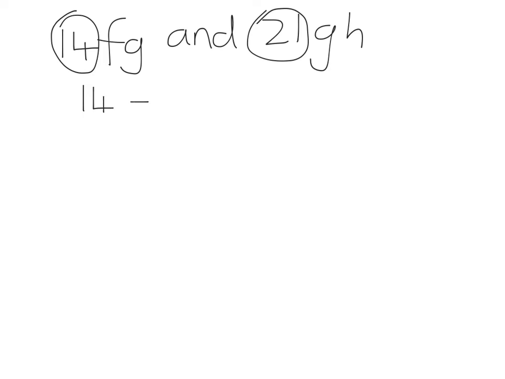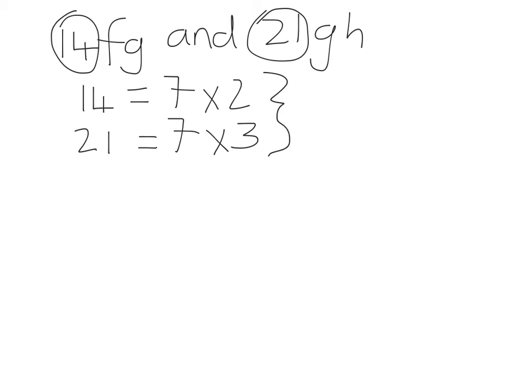We know that 14 is the same as 7 times 2. And what are our factors of 21? That's right, 7 times 3. And we need to find which one is our common factor. That's right, 7 is our common factor. So we can say here that our highest common number factor equals 7.